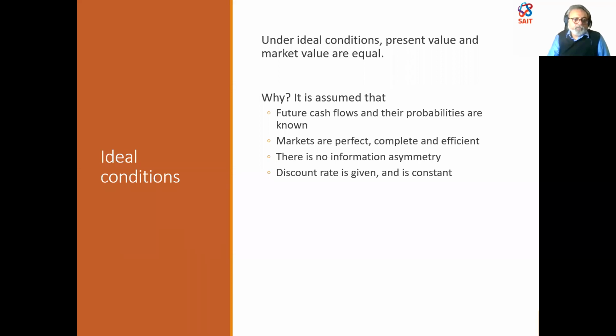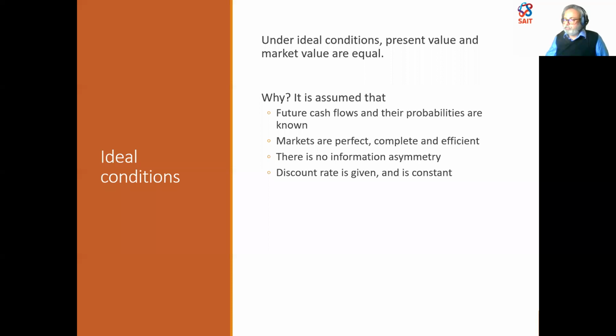So discount rates are essentially the rates that lenders charge for money or investors charge as a rate of return for making the investment. And that is never constant, right? So we know there are reasons why conditions are not ideal. Here, in an idealized world, in a perfect world, all these assumptions would be valid.